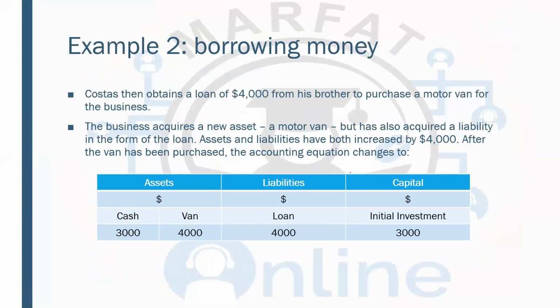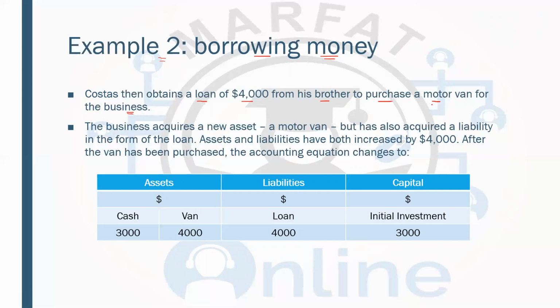All right. Now we are going to do the second example, and the heading of the second example is borrowing money. Now you are taking some money from someone. Costas then obtains a loan of 4,000 from his brother to purchase a motor van for the business.